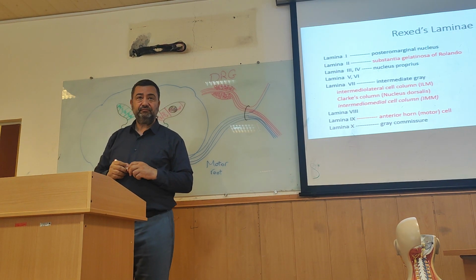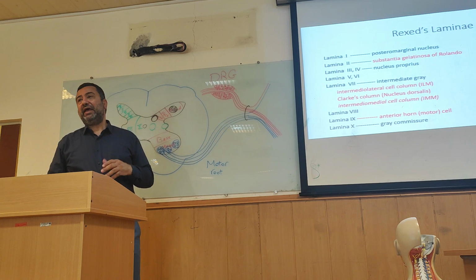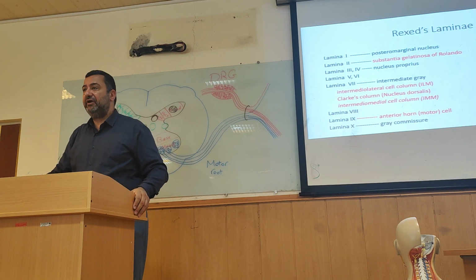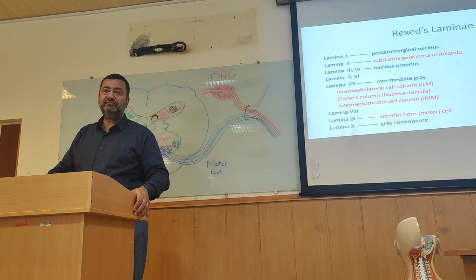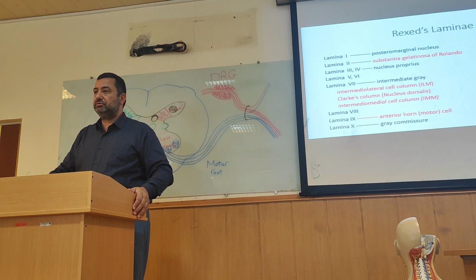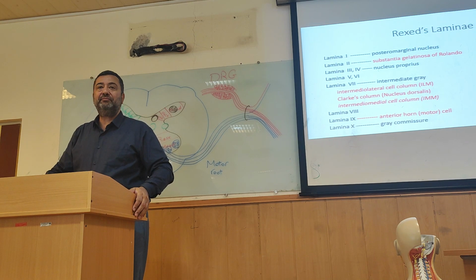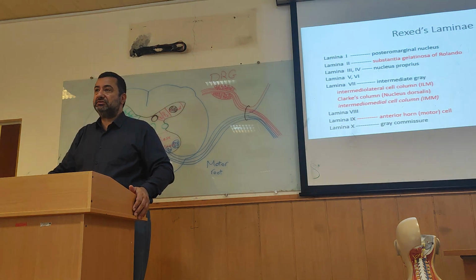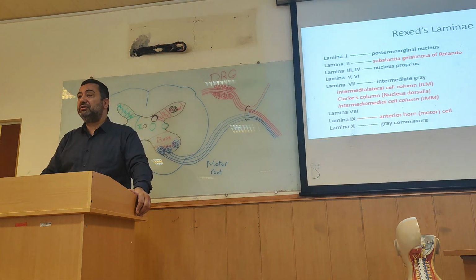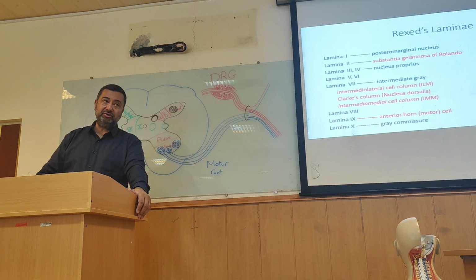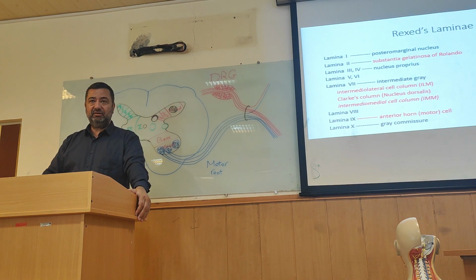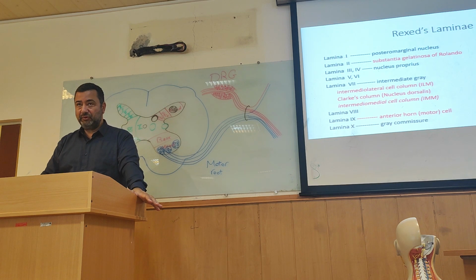If I ask you, anterior branch of the spinal nerve is motor or sensory? Mixed. Posterior branch? Mixed. But anterior root is motor and posterior root is sensory. Is it clear?